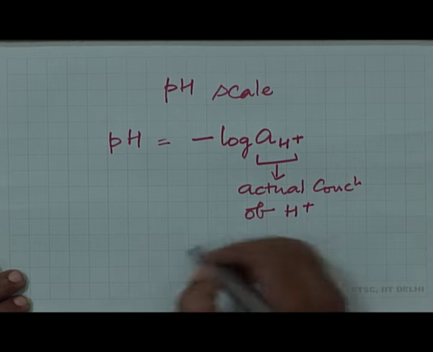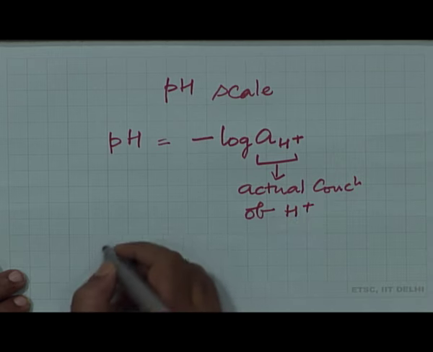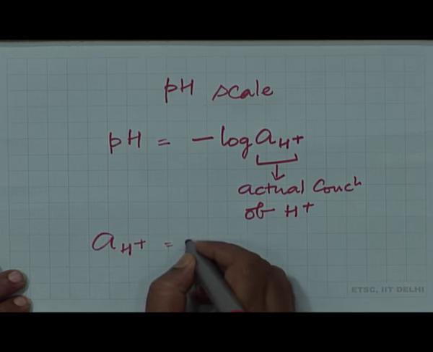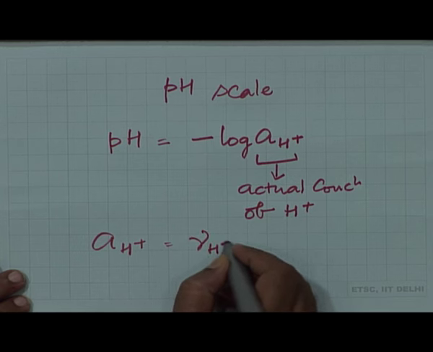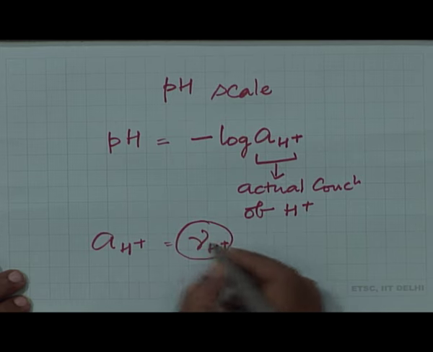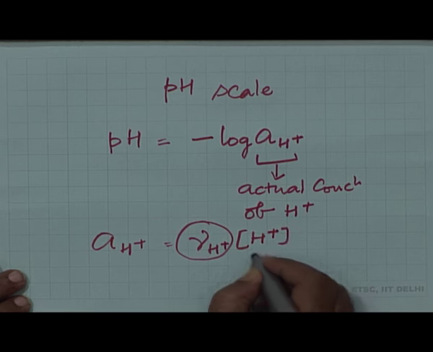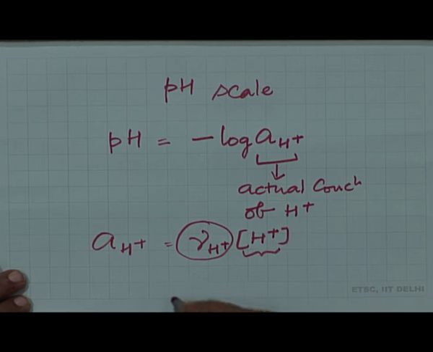Activity is defined as the product of two different quantities. One is called the activity coefficient, gamma H plus, multiplied by the concentration in molarity, the concentration of H plus ion in molarity.